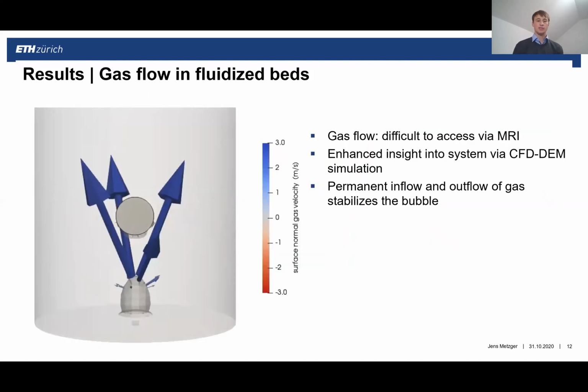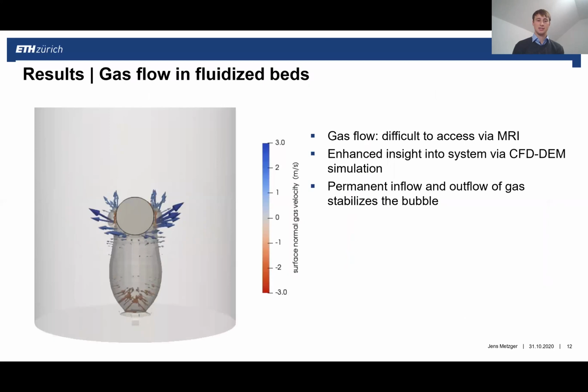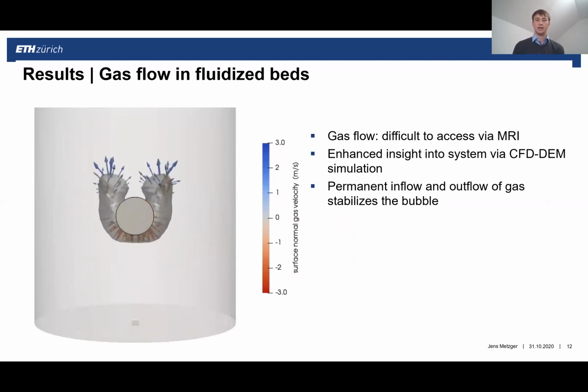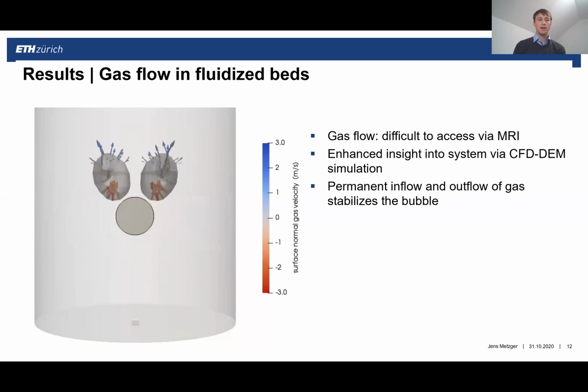This can be used in order to validate the simulations and enables us to get a better insight into the granular bed. So for example, it is possible to see by means of simulations how the gas really flows into the bubble and exits the bubble.